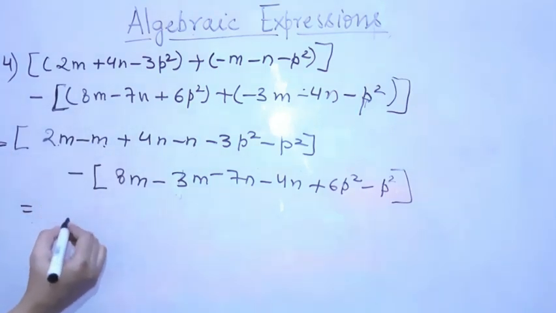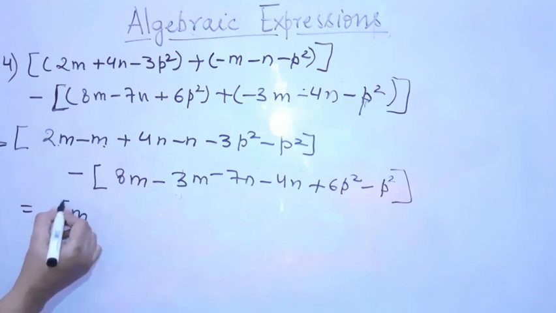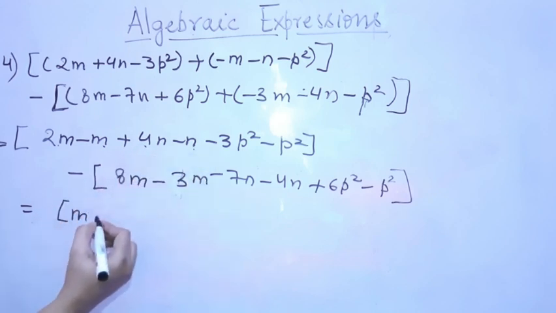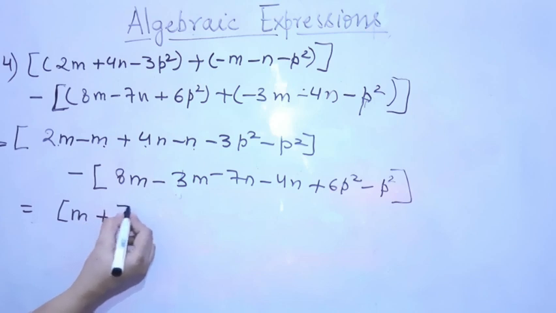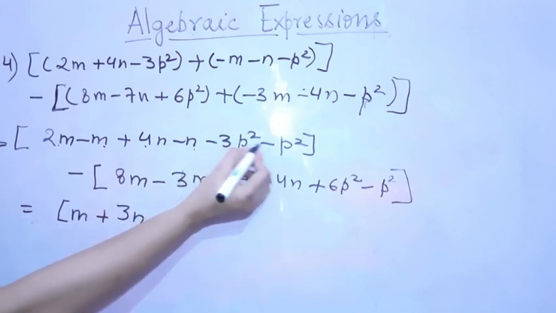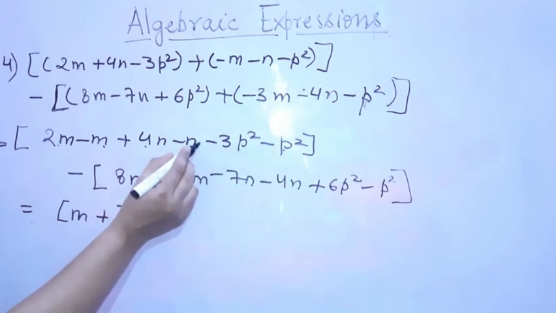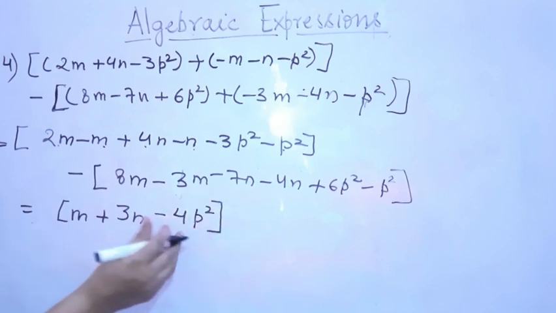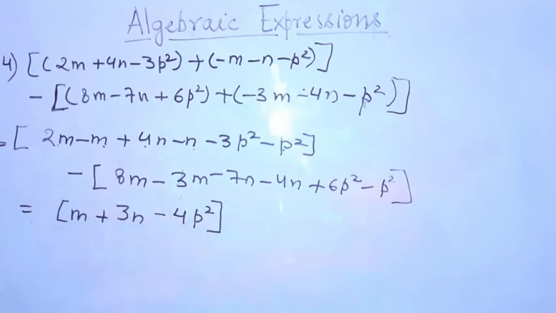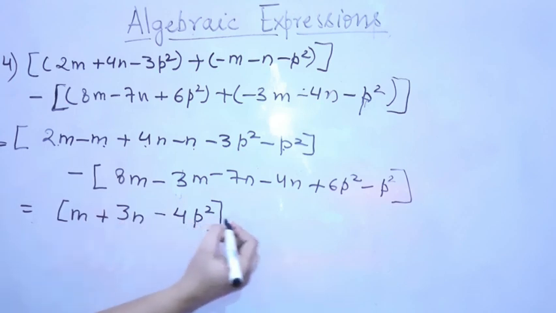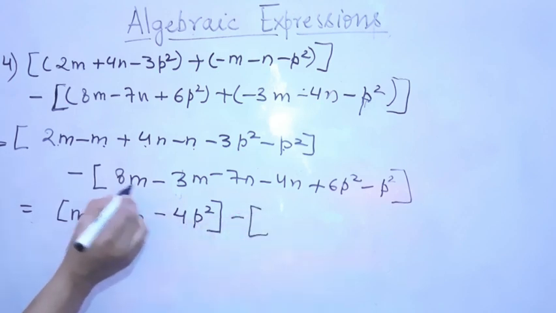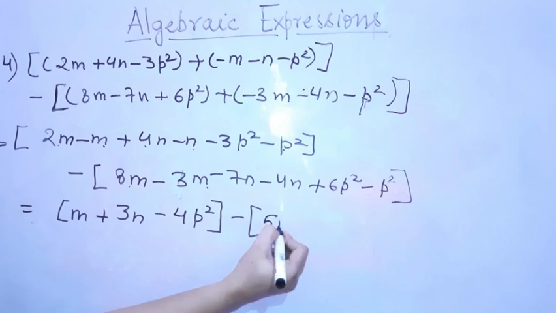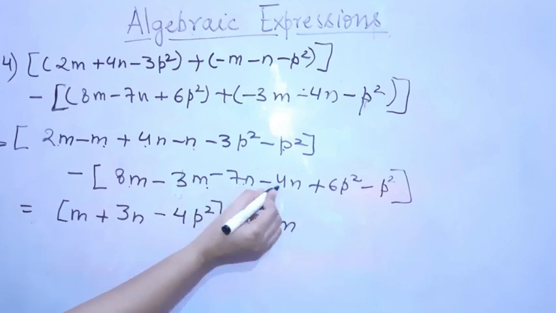So 2m minus m is m. 4n minus n is 3n. Minus 3p square minus p square: minus minus is plus, sign of the greatest number, so both are having negative sign, so negative sign. So minus 4p square. We have to subtract it from 8 minus 3 is 5m, minus 7 minus 4.